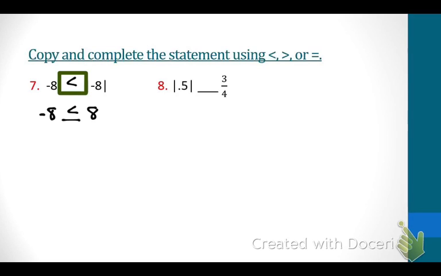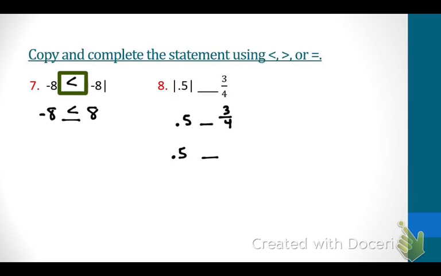All right, going on to the next one, Adam. What is the absolute value of 0.5? 0.5. 0.5 is correct. So now I've got 0.5 and 3/4. I cannot compare these because one of them is a decimal and one of them is a fraction. So let's turn them both into decimals, okay? So this first one is going to be 0.5. Does anybody know what the decimal is for 3/4? What is it, Zariana?